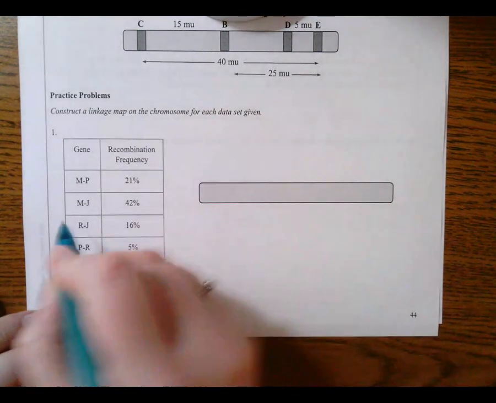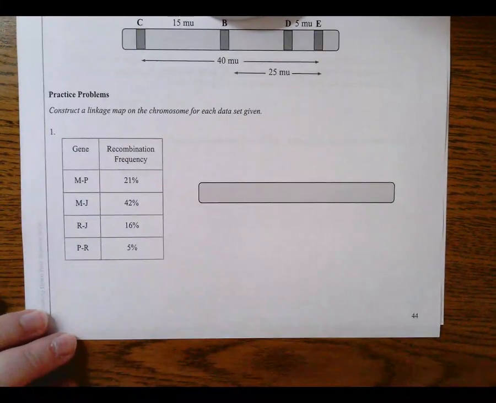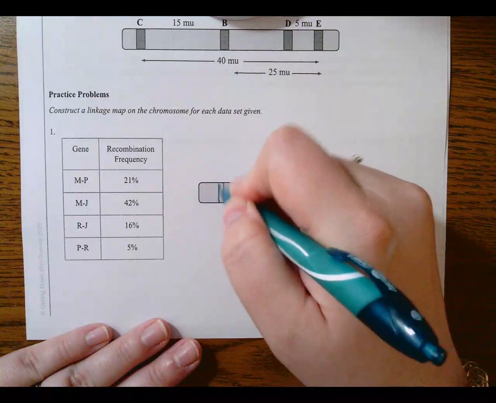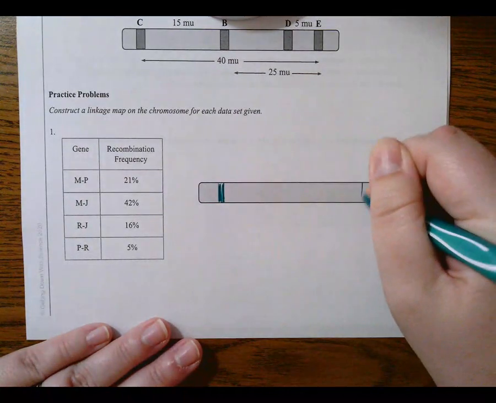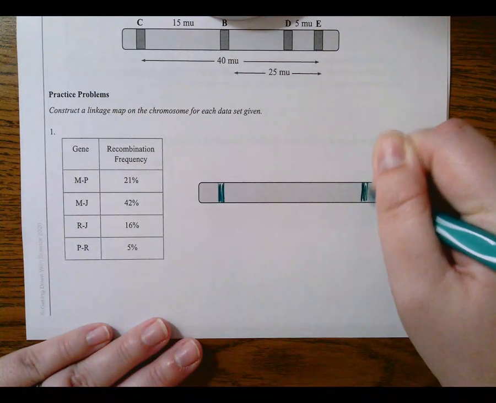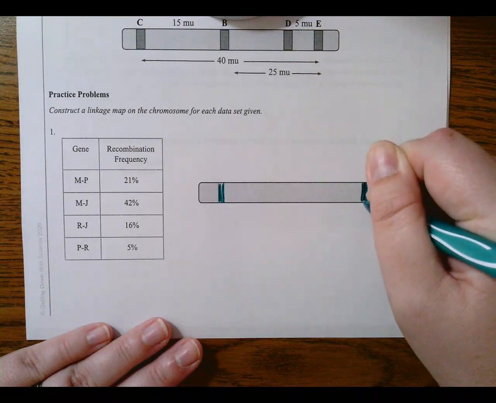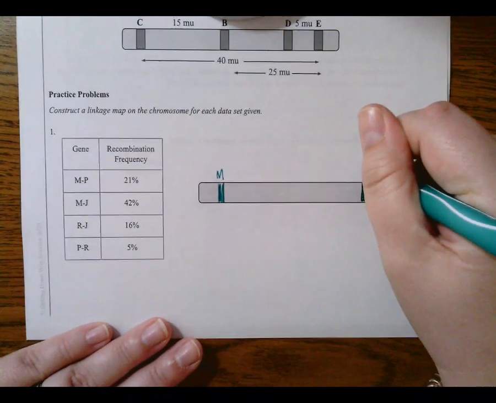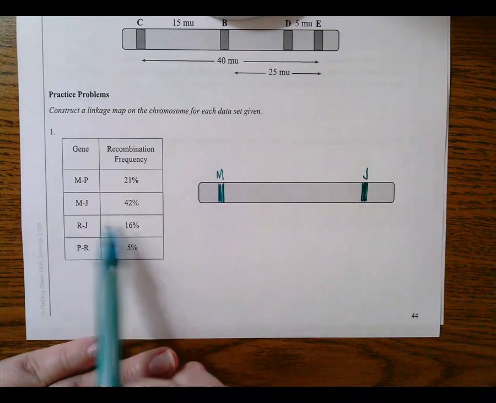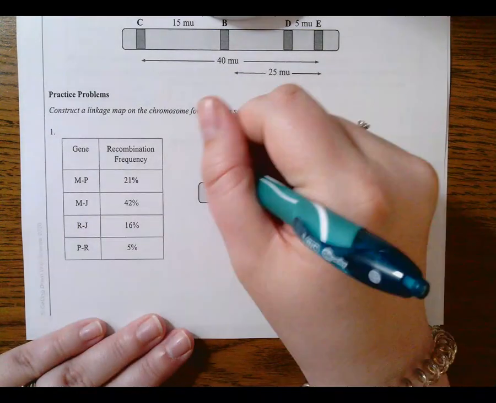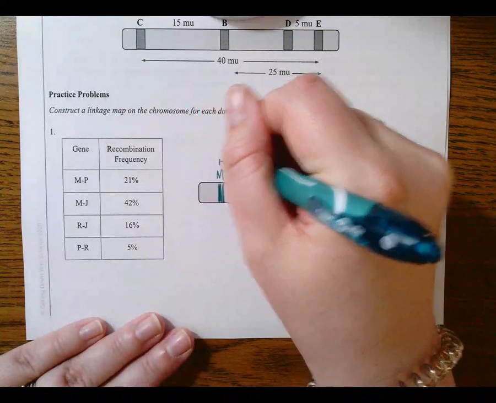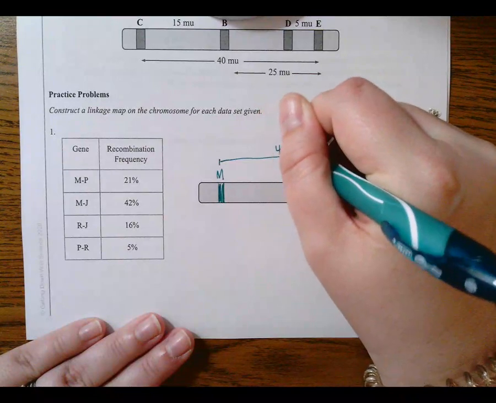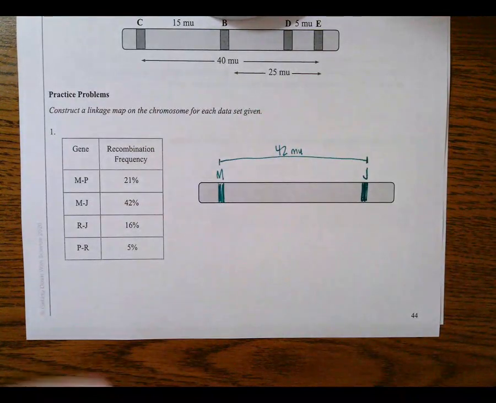So that is our highest percentage, and that's M to J, and it's about 42%. So I'm going to put them pretty far apart. Okay, roughly. So this would be M, and this would be J. And it says that they are 42%, which means from here to here, they are 42 map units.